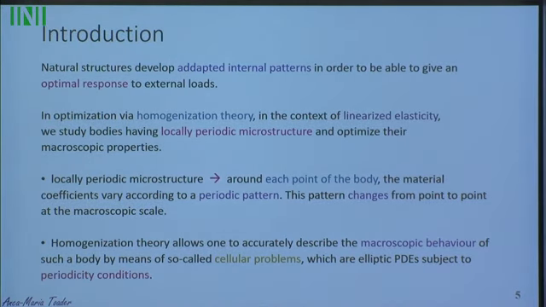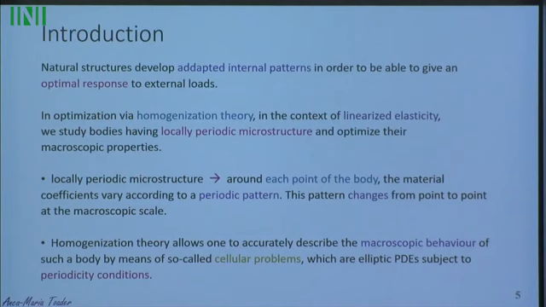Natural structures develop adapted internal patterns in order to give an optimal response to external loads. In optimization via homogenization theory, in the context of linearized elasticity, we study bodies having locally periodic structure and optimize their microscopic properties.